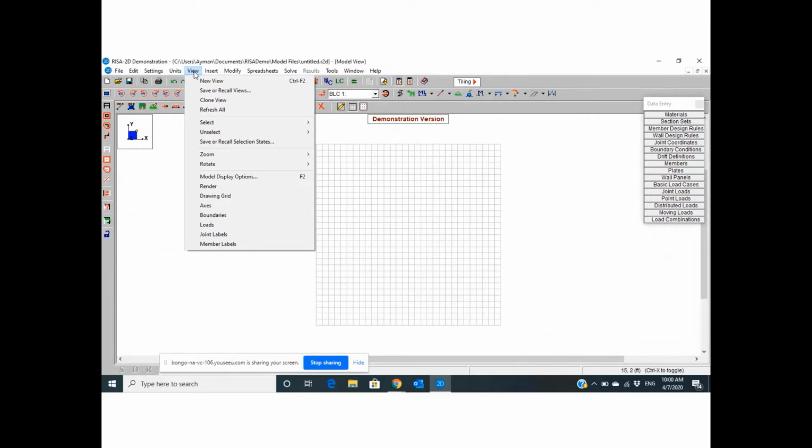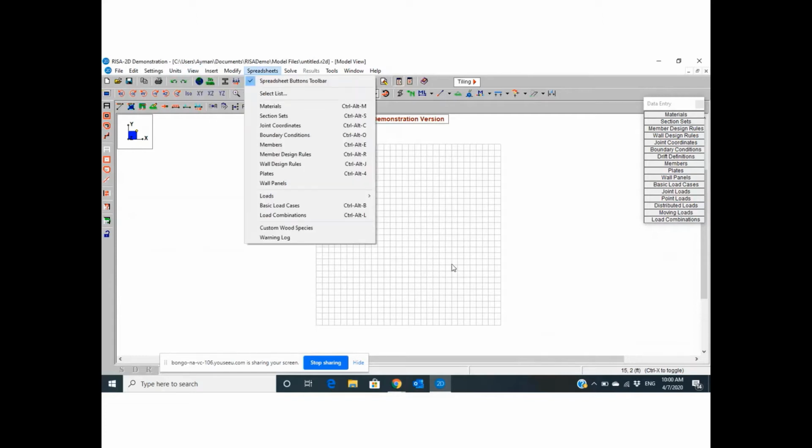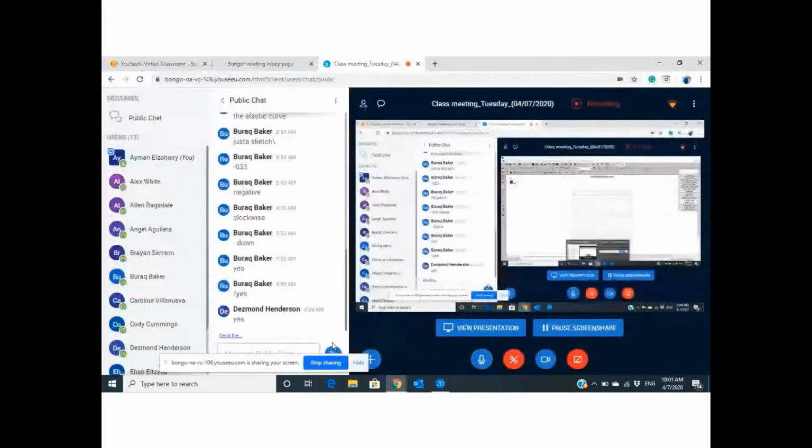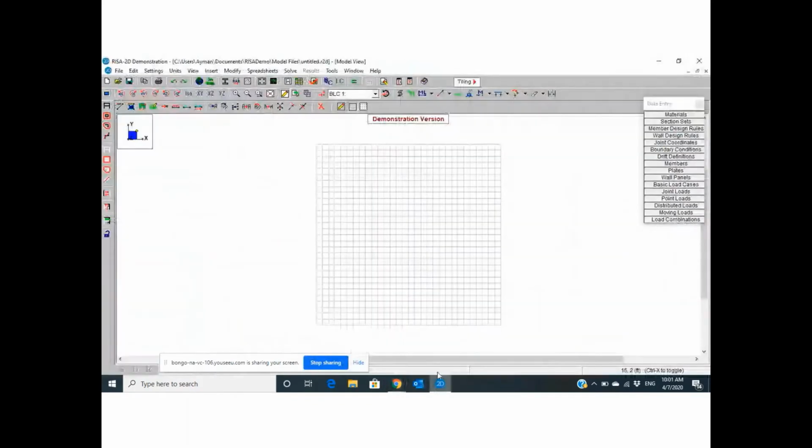Do you know? So please, during your homework submission, don't forget to put your results for RISA, because the homework asked to do RISA and hand calculation. Starting from the current homework number 8, I think.